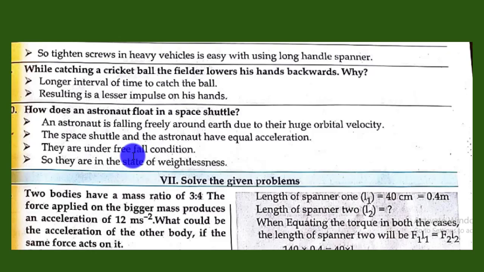They are under free fall condition, so they are in the state of weightlessness. They are falling freely around the Earth due to the large orbital velocity, and the space shuttle and the astronaut have equal acceleration. They are under free fall condition, so they are in the state of weightlessness.